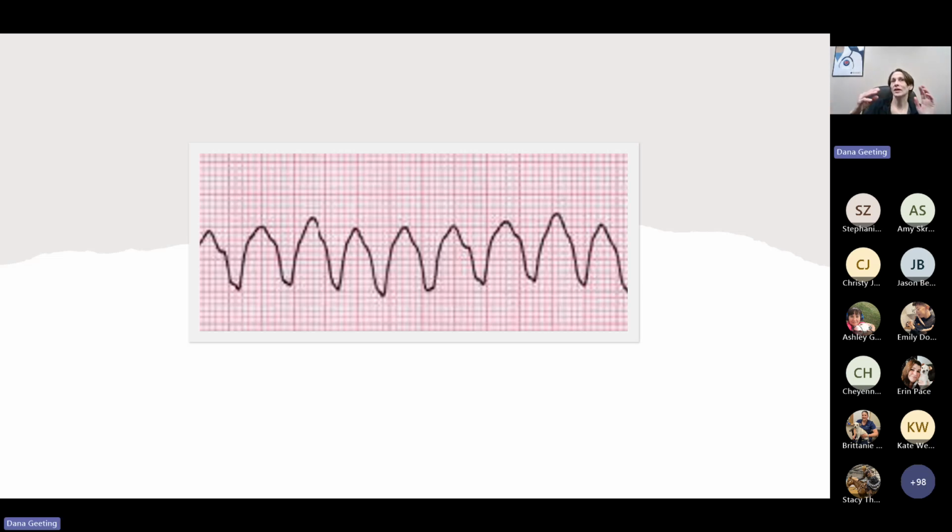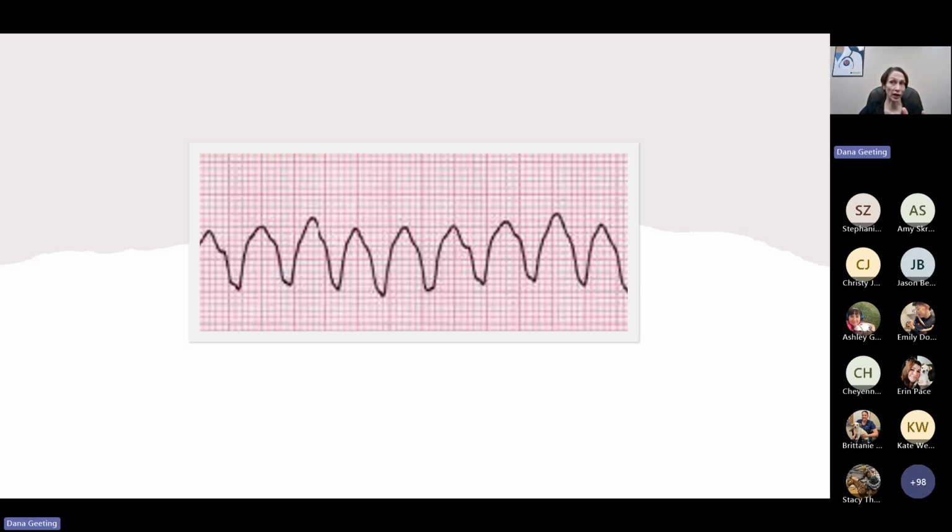ventricles are not fibrillating. On VFib, your ventricles are fibrillating and going very fast. So that's why you have the wet noodle looking QRS complexes. Whereas with VTAC, your ventricles are just going super fast. So it's not fibrillating, and you have more of a QRS complex.